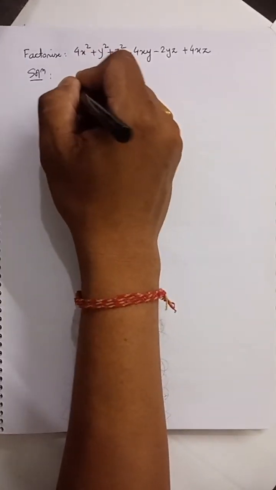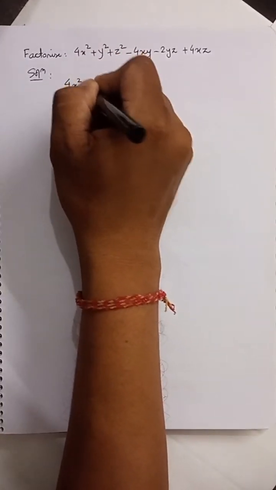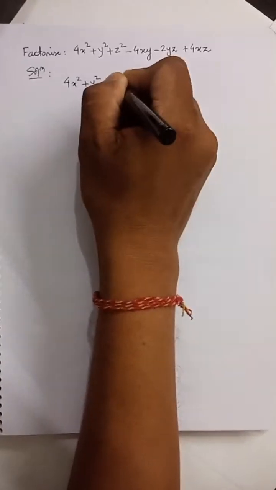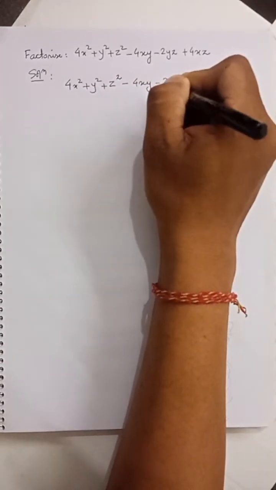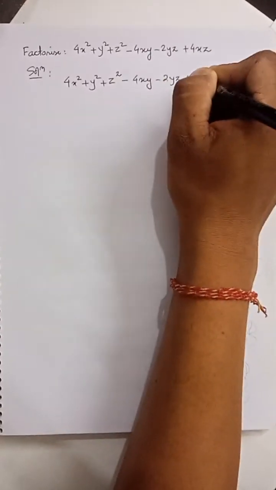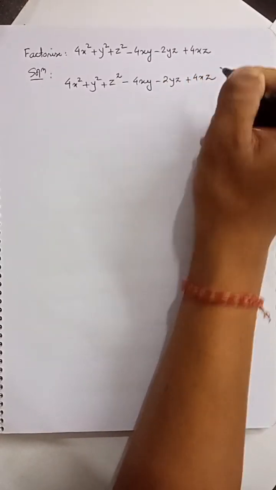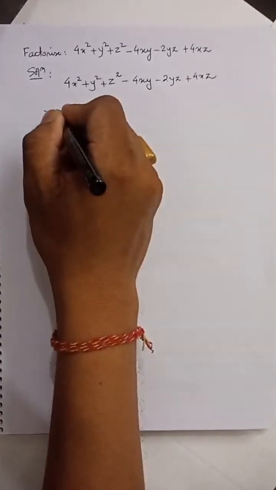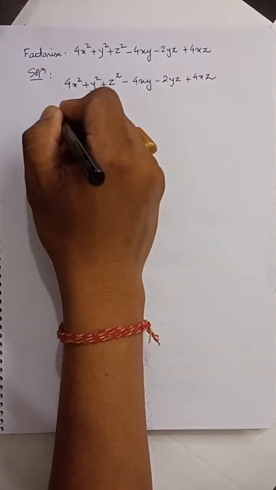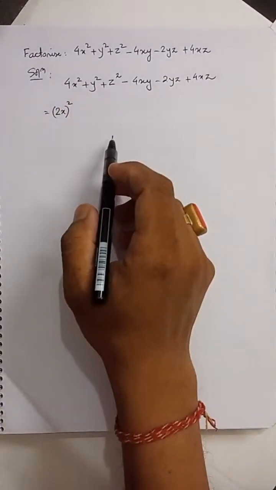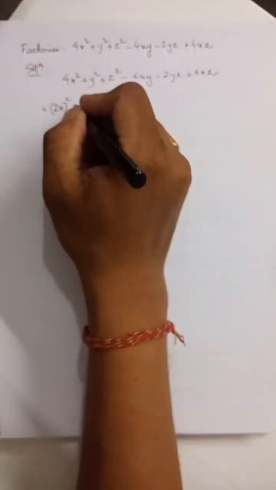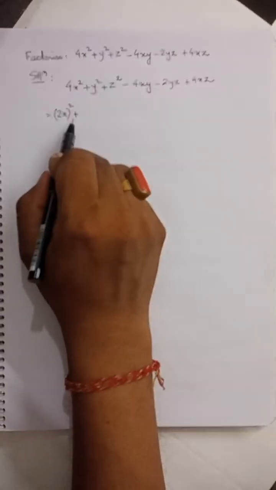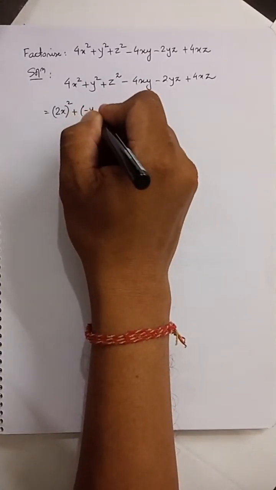So let me write the expression first. 4x square plus y square plus z square minus 4xy. This is the most crucial step, identifying which terms will be negative. So 4x square, I will write it as 2x whole square, and like we have identified which term is negative, y is negative, so we'll put a positive sign and then we will write minus y whole square.